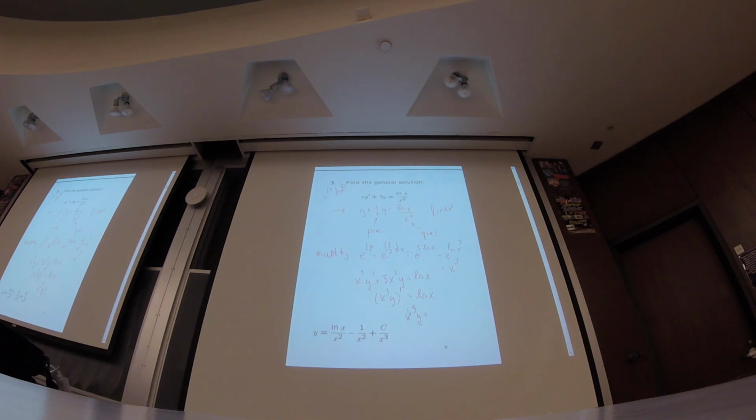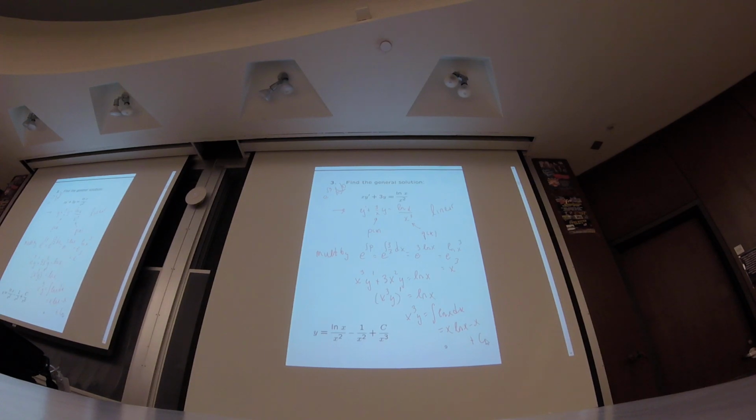x cubed y, I'm integrating now, is the integral of ln x dx, which you all remember is x ln x minus x plus c. Maybe you don't remember that the integral of log x is x log x minus x. Maybe none of you remember that.